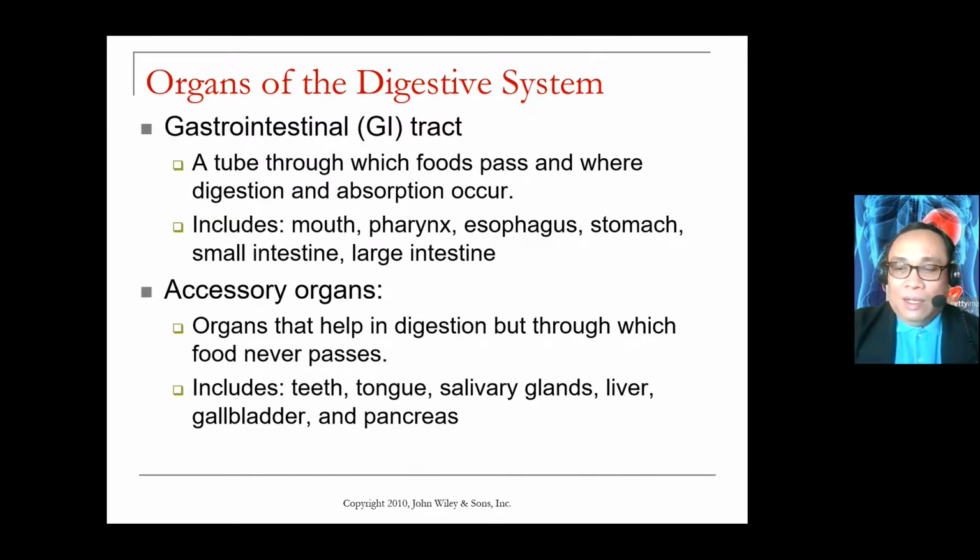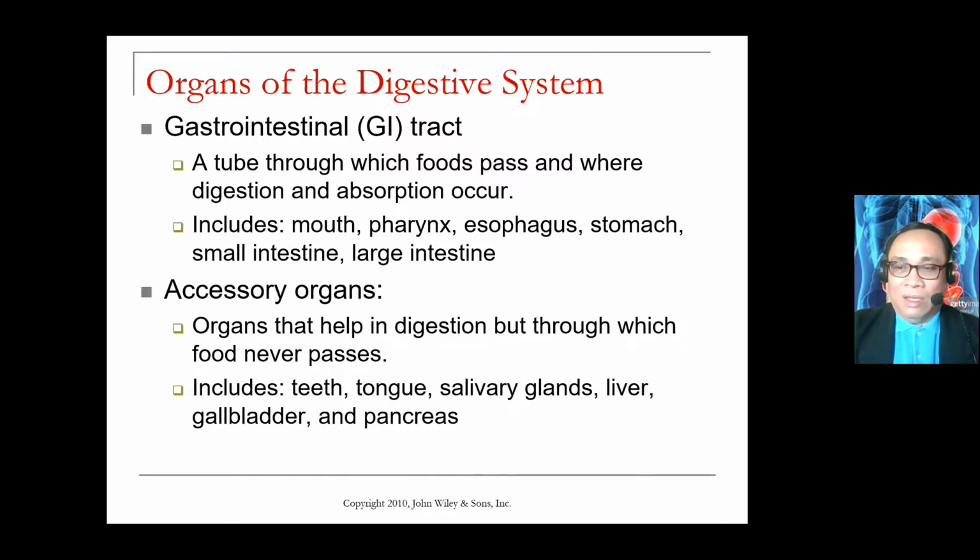There are several organs of the digestive system. Foremost would be the gastrointestinal tract, and this is basically a tube that runs from the mouth going to the anus. Generally speaking, if we're referring to lower as well as higher forms, the more generic term would be the alimentary tract.